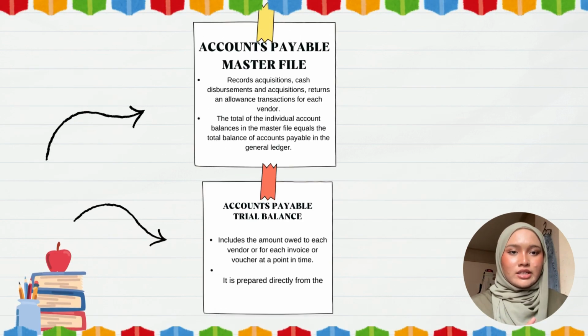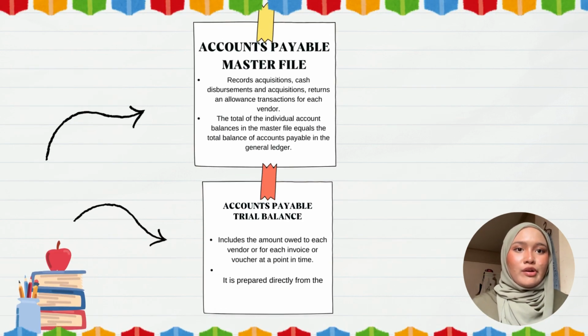Next, also under the recognition of the liability, we have accounts payable master file. Accounts payable master file records acquisition, cash disbursement and acquisition returns and allowance transactions for each vendor. The total of the individual account balances in the master file equals the total balance of accounts payable in the general ledger.